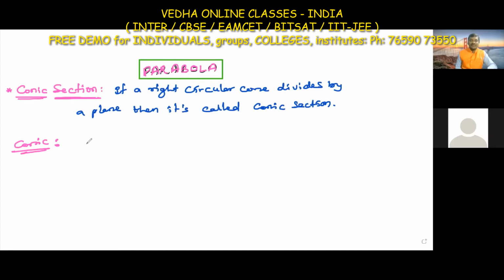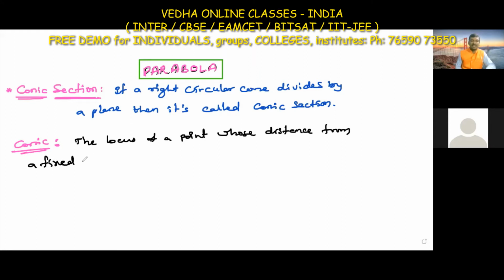So a conic is nothing but the locus of a point whose distances from a fixed point, as we already discussed in the last class, and a fixed line are in a constant ratio.